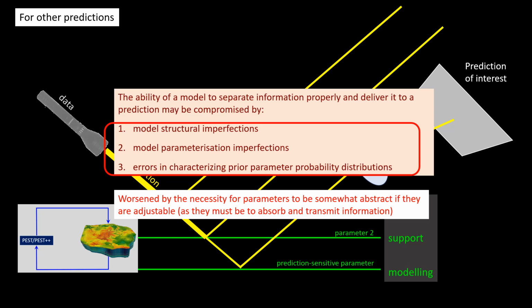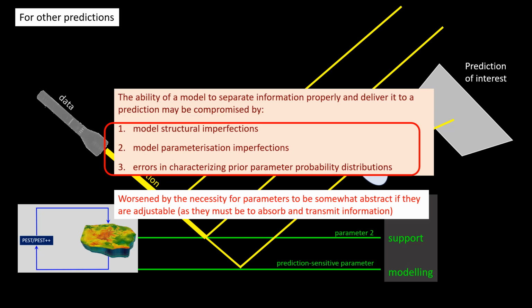And even if we do try to give parameterization detail a proper stochastic representation, how difficult is it to get that stochastic representation correct when parameters have to be adjustable in order to harvest information and in order to quantify the repercussions of lack of information?